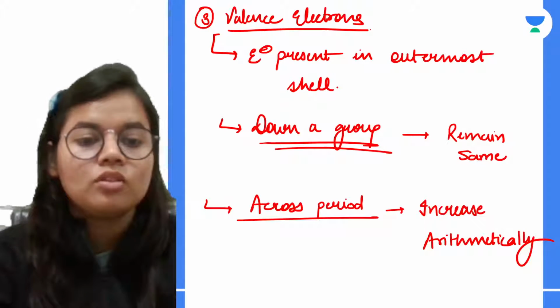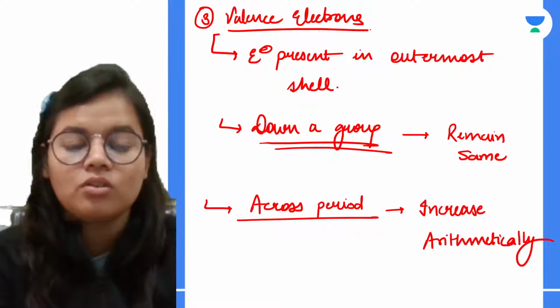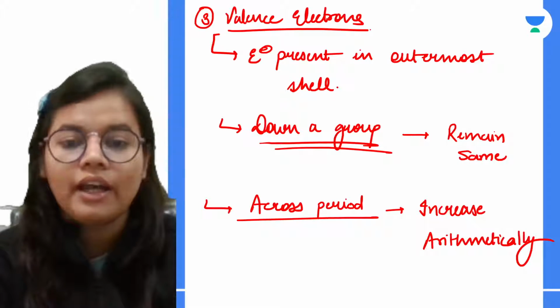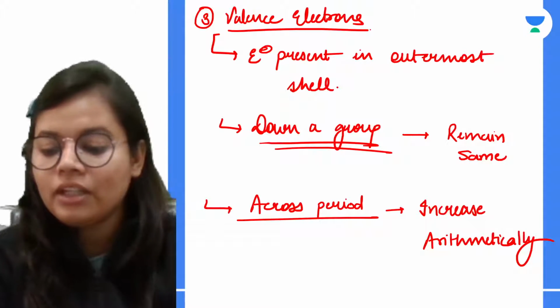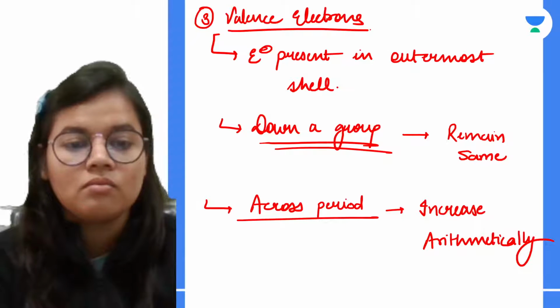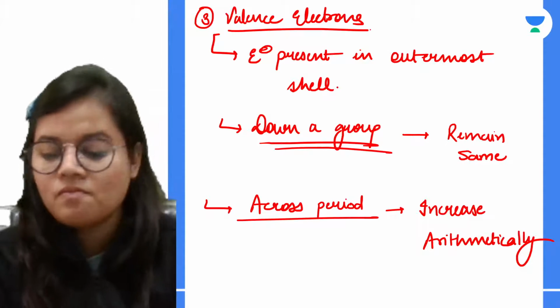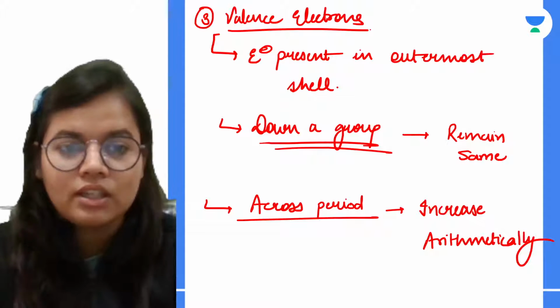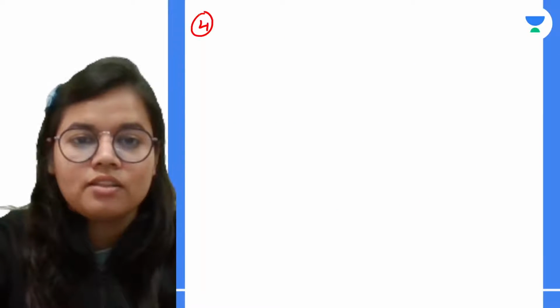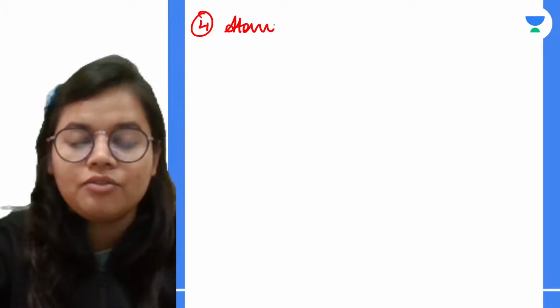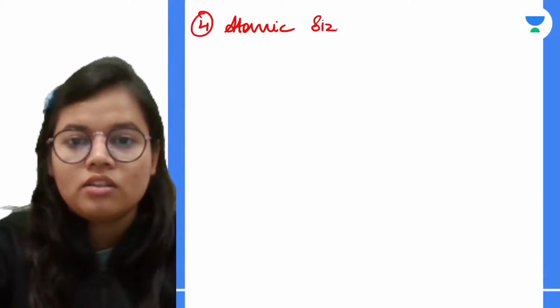Understood what happens to the valence electron as we are moving across a period and down a group. Clear up till here, everyone? Do let me know if the things are clear to you. Next point is atomic size. What do we mean by, or how can we define atomic size?